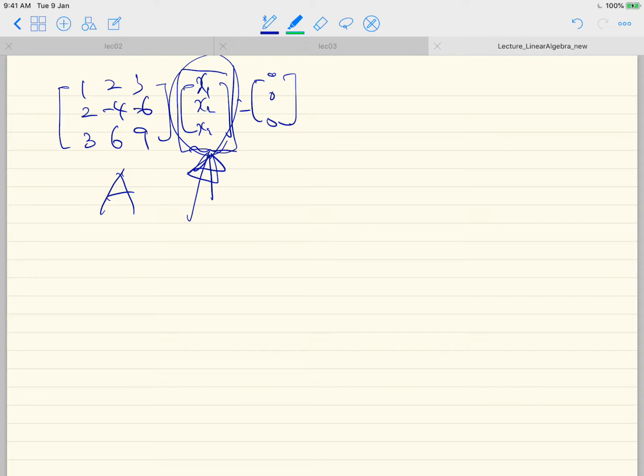If we apply the inner product perspective of matrix multiplication, this inner product should produce 0, and this inner product should also be 0, right? Let's think of the directions of 1, 2, 3, and -2, -4, -6, and 3, 6, 9. They are all pointing in the same direction. Let's try to find all possible vectors x that are orthogonal to this single vector direction, right?